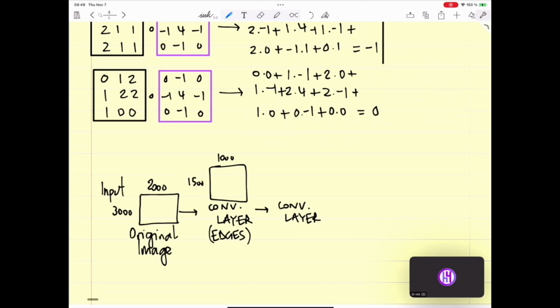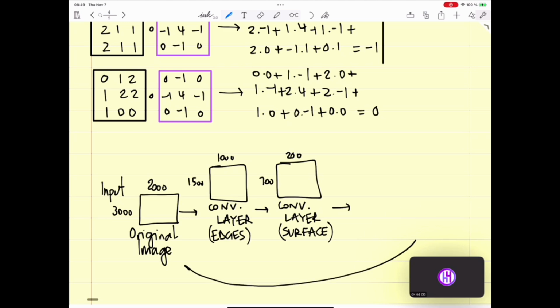Then you have another convolutional layer that gets the roughness of surface. And then you go down again in keeping just the most relevant information depending on the geometry of the kernel. So you're going down, and then you do your gradient descent back as we saw the other day. It's the way deep learning is going to work. I'll show you some examples later, okay?